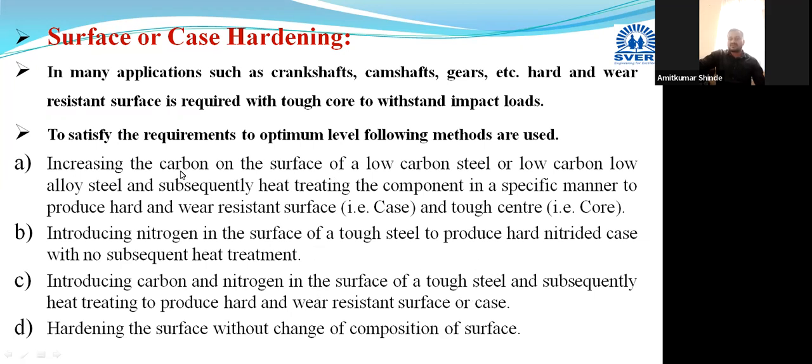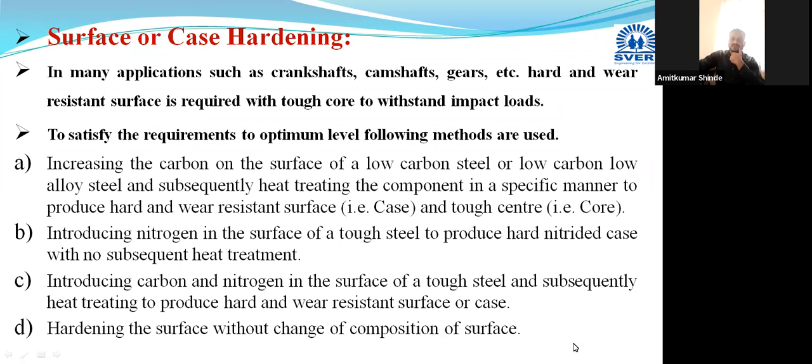For these three ways we are going to discuss three different surface heat treatment processes: carburizing, nitriding, and carbonitriding, along with their subtypes. And in surface hardening without changing the composition, we are going to discuss two different types: induction hardening and flame hardening.